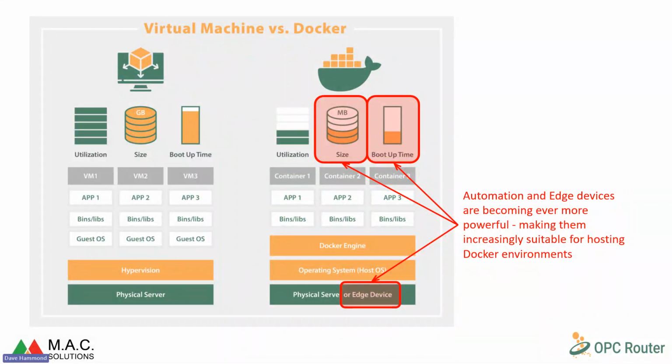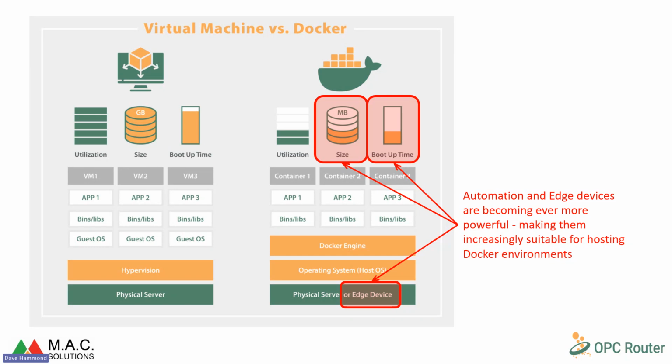And because of that, you can run it on much lighter, much cheaper, much less capable and less powerful hardware. You're starting to get automation devices which are considered to be edge devices, or even some of the higher grade PLCs, which actually have the capacity to do this.